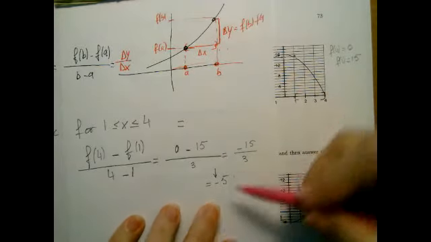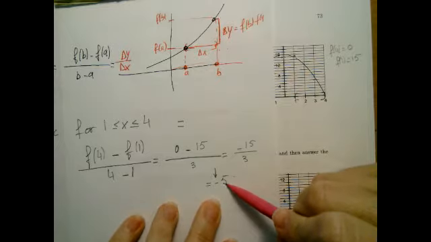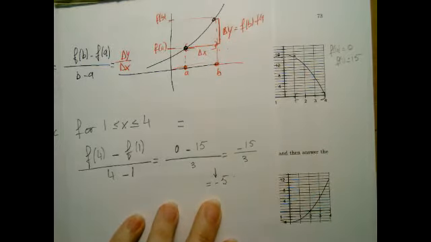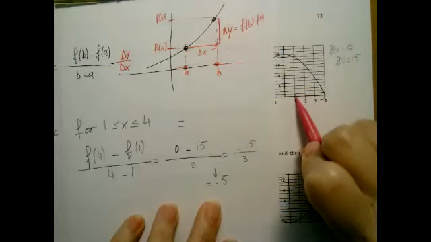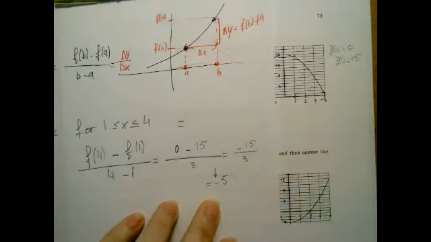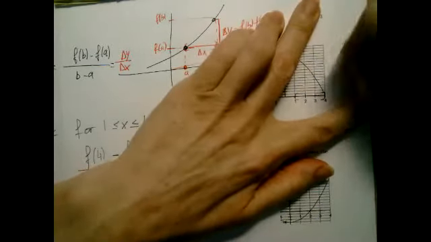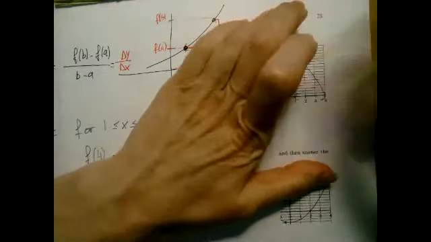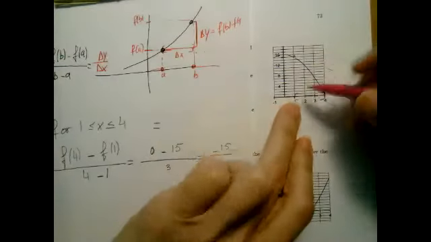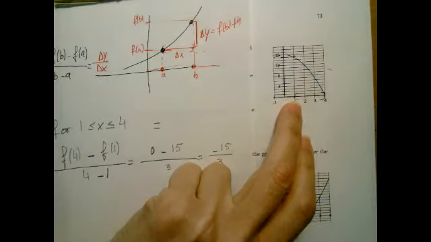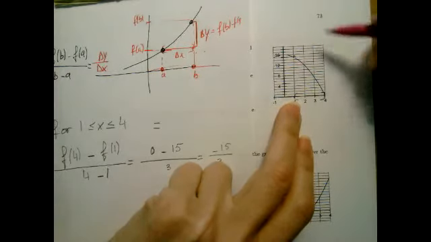What's causing this negative sign in this scenario? Let's go back to the picture. When x moved from 1 to 4, so as I told you, I don't like to write. Doesn't mean it's bad, but I don't like to write. So as x went from 1 to 4, what happened to the output?